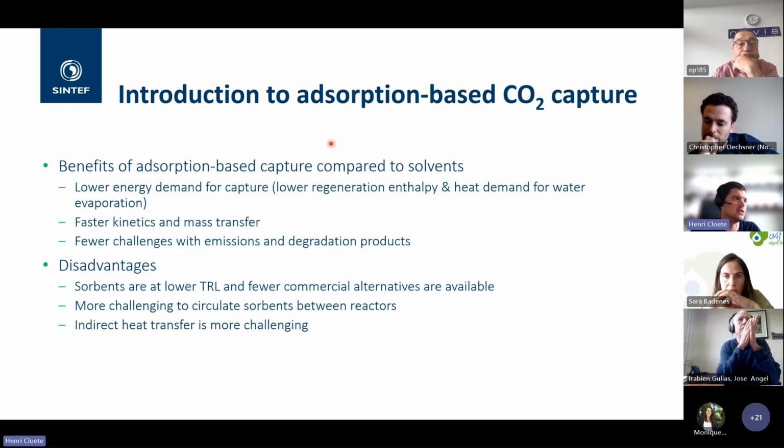And then mostly the adsorption-based processes also avoid some of these challenges that Lucas discussed in terms of solvent emissions and degradation products.